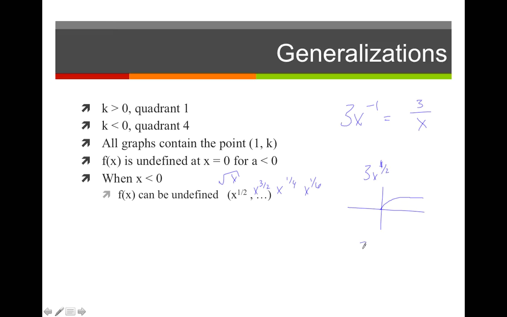However, if I was to give you 3x to the 1/3, this now follows the odd symmetry. That 3 actually makes it an odd symmetry and does that. But even denominators cannot let you have x less than 0.